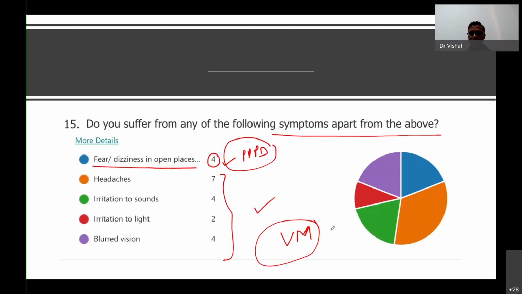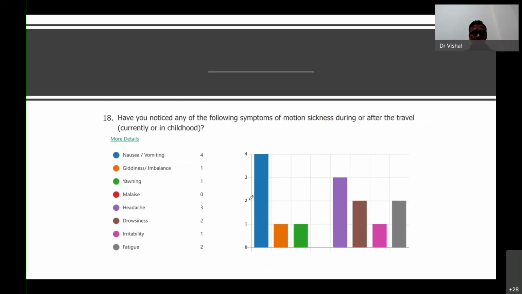Similarly, in motorist vestibular disorientation syndrome, patients can have an underlying vestibular disorder in the form of vestibular migraine, or patients can even have vestibular paroxysmia. Two of my patients had vestibular paroxysmia.